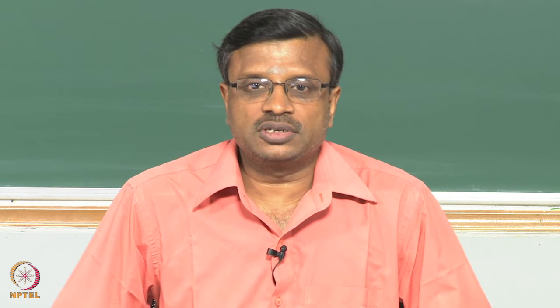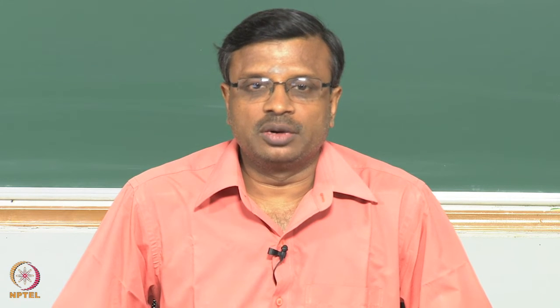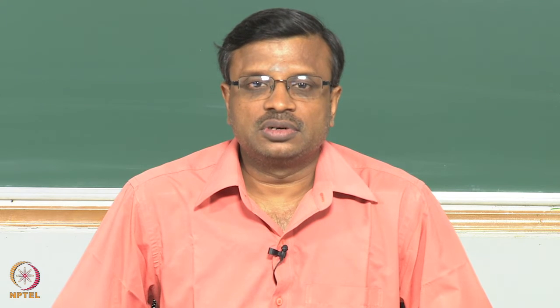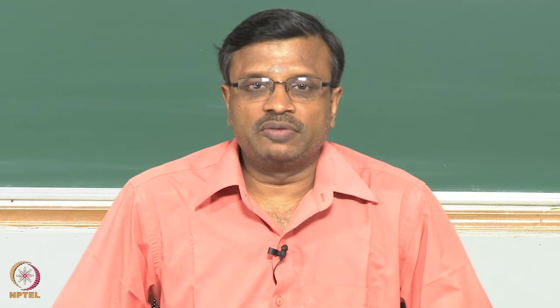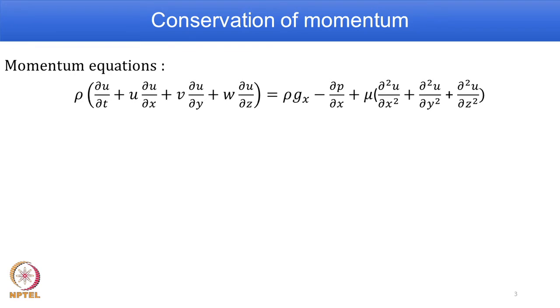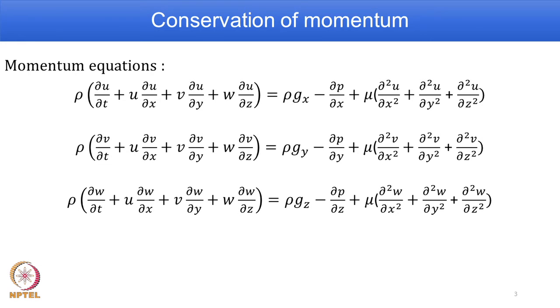So, we first did conservation of mass or continuity equation, then we went on to the momentum equation, which is called conservation of momentum, and we have written the momentum equation in both vector form as well as in scalar form, and that is repeated here, all the three components of the momentum equation.